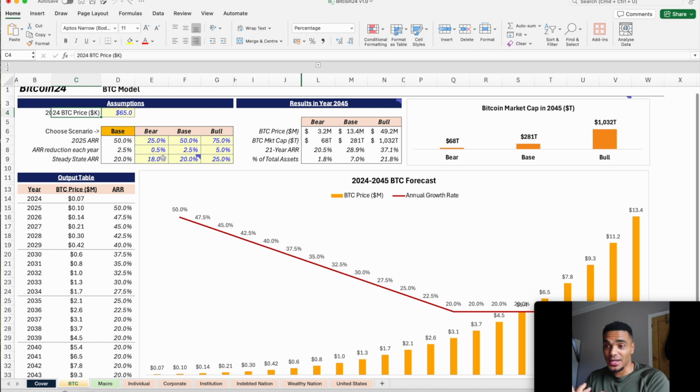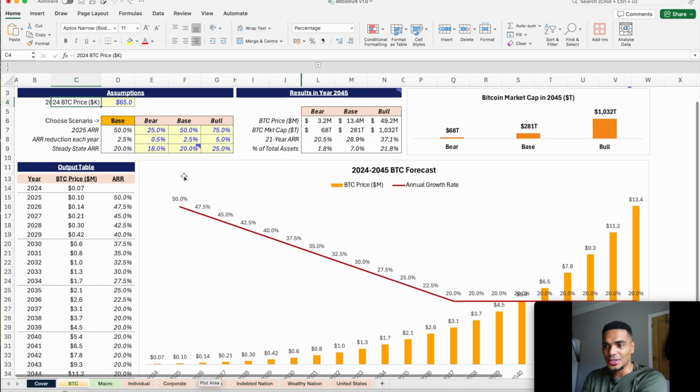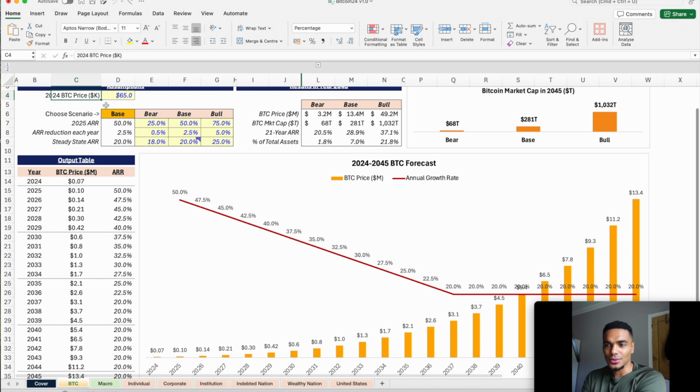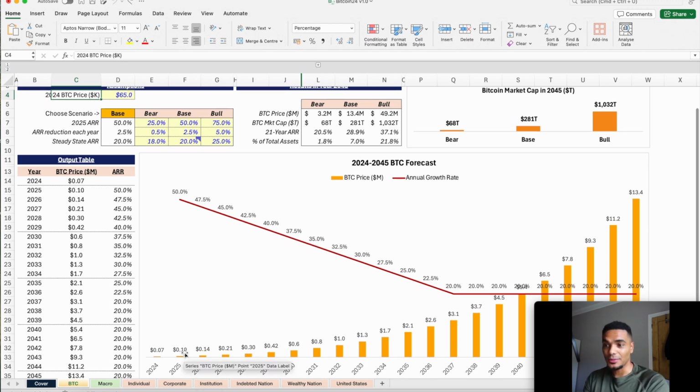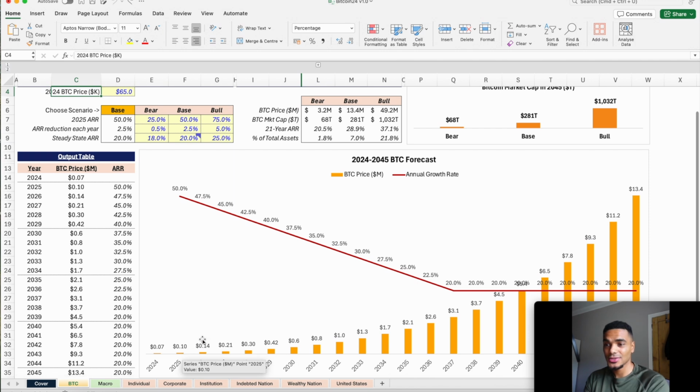So in the base case from the downloaded version, they thought the 2024 Bitcoin price was $65,000 and the base case of 50% appreciation by 2025, which would be around about $100,000.